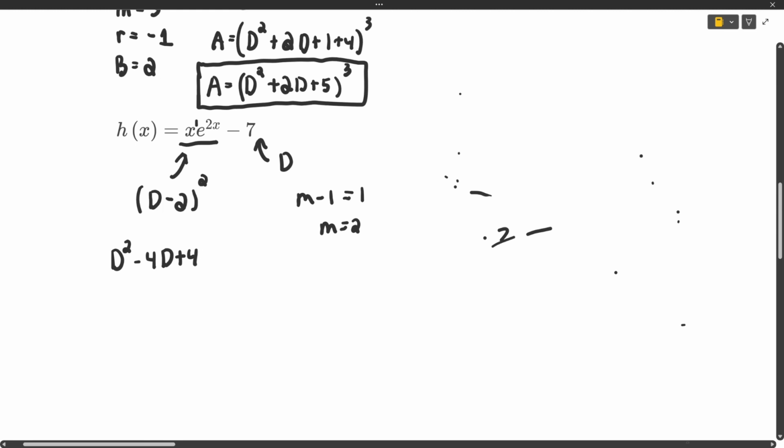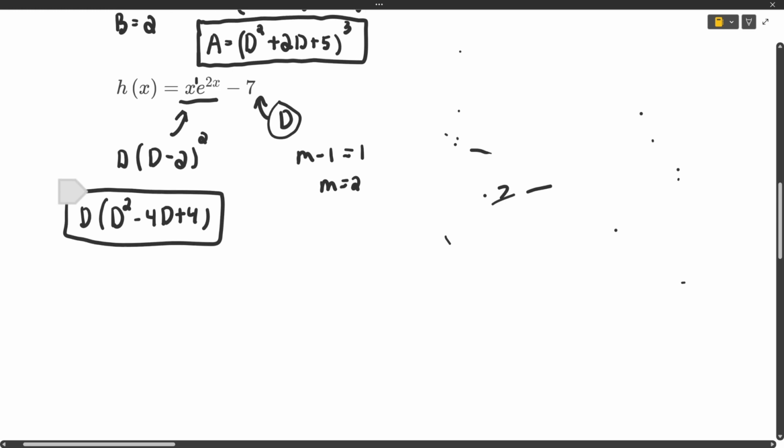And this is just to annihilate this first part. So in order to annihilate the whole thing, we need to multiply by this d. So we're going to have to multiply this whole thing by d. So these two would be the annihilators to this function.